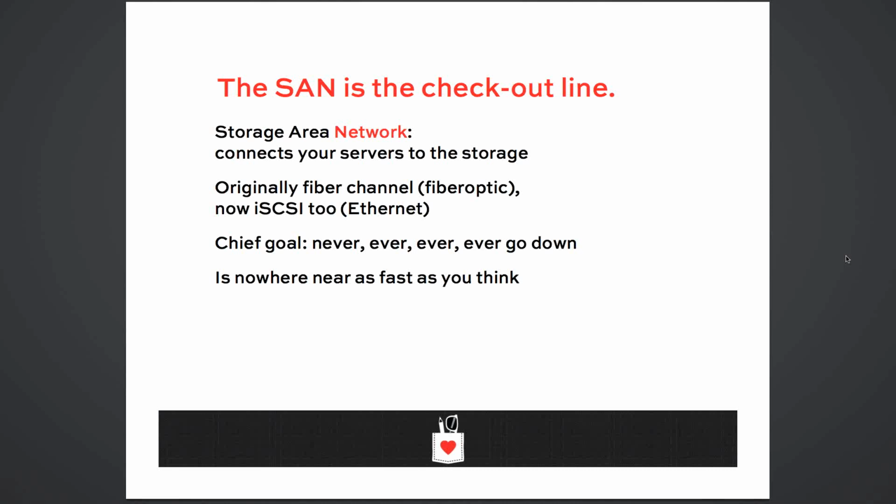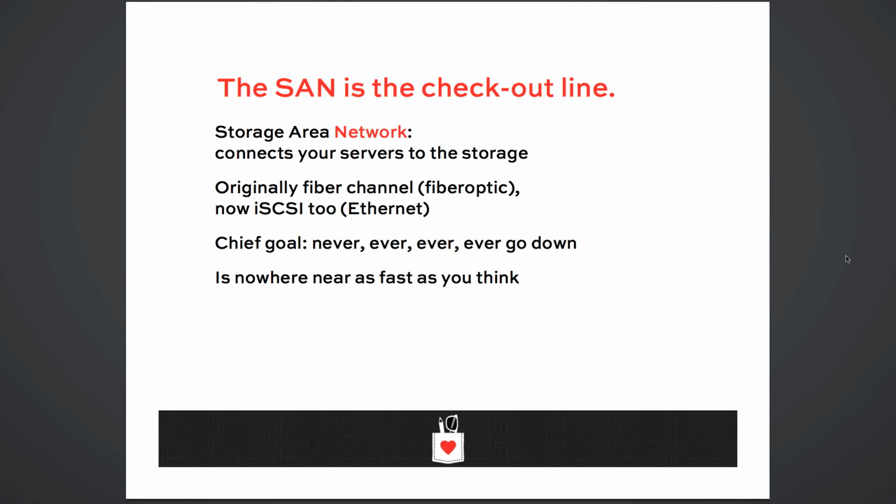I used to think that fiber optic meant it was incredibly fast. The fiber optic lines were the speed of light, so there couldn't possibly go any faster than the speed of light. That's not actually what it means at all. The whole goal of this storage network is to never go down, ever.